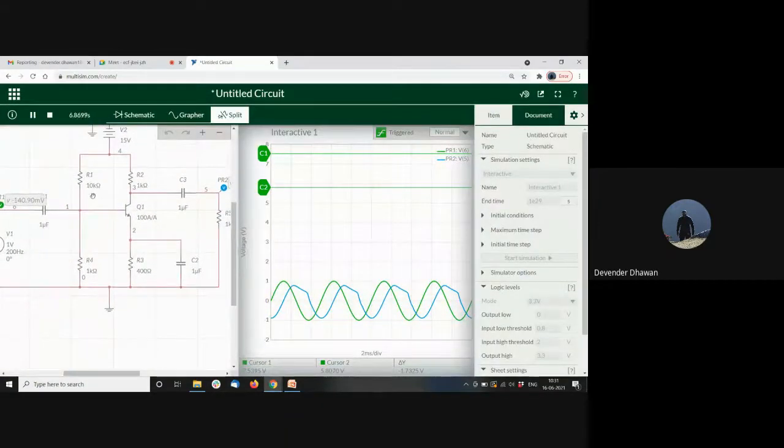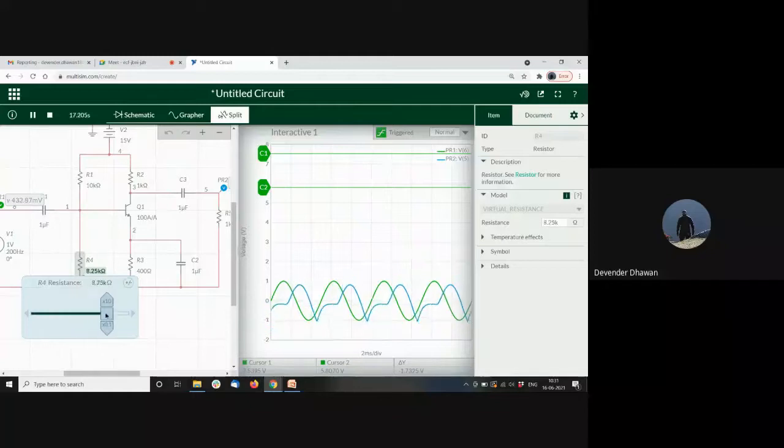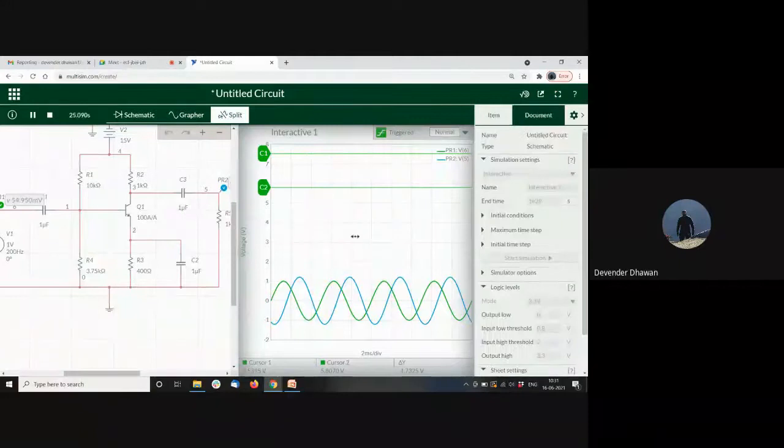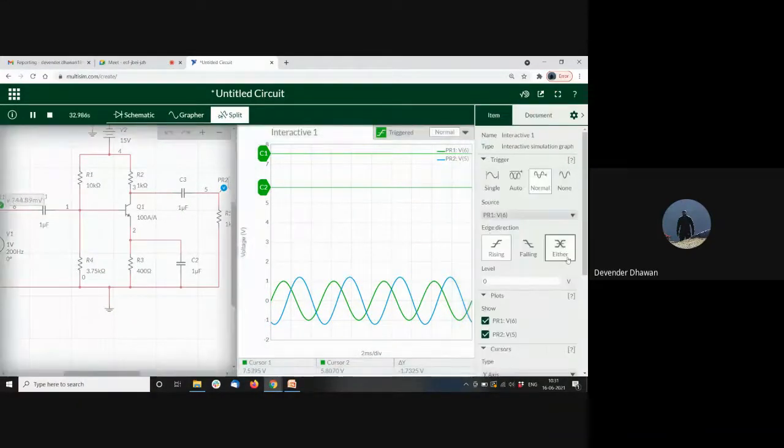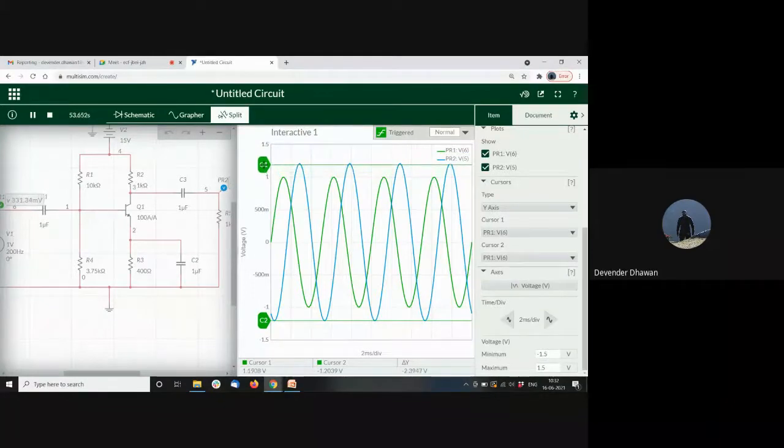And then obviously R1 and R4 also we can try to make some changes here. I just did the hit and trial method. Now if I measure my output waveform, which is like here and here, it's just coming as 2.4 volts.